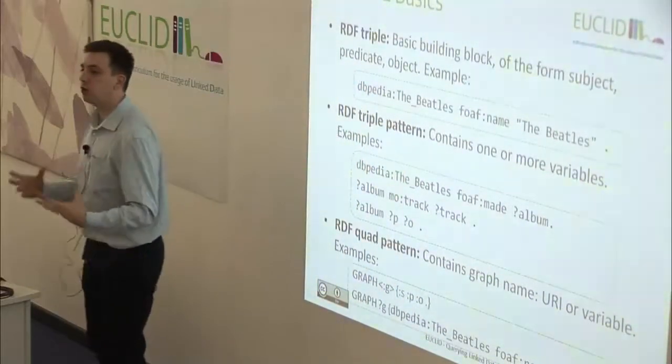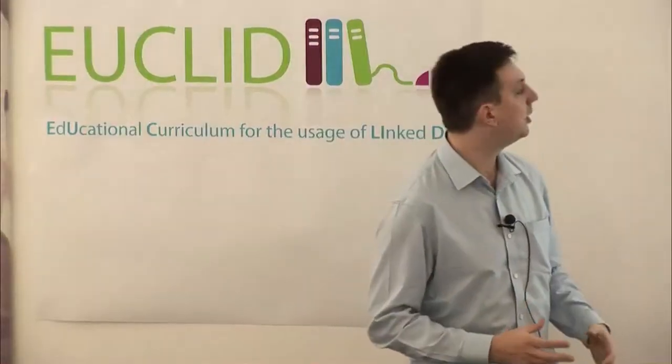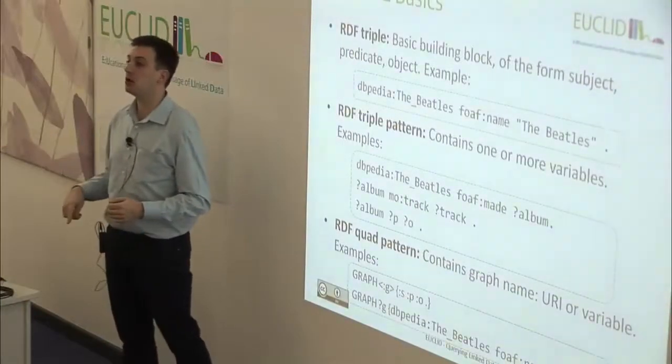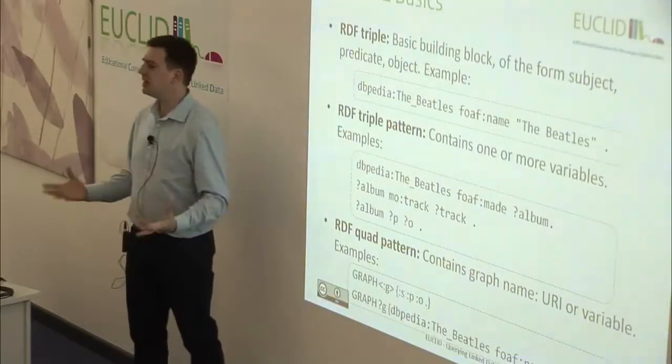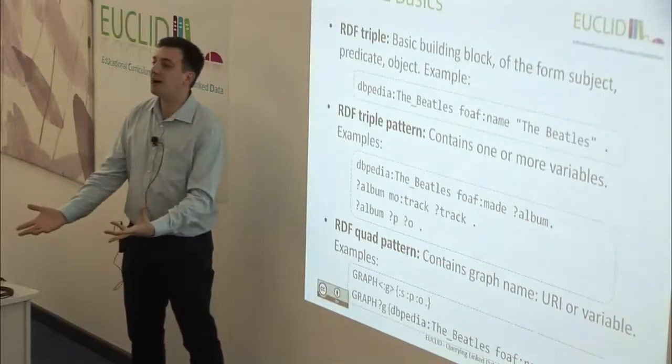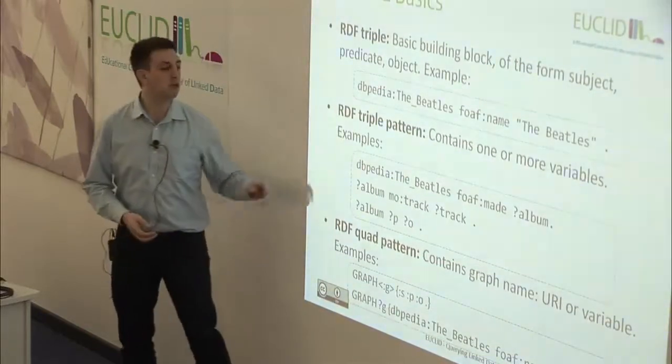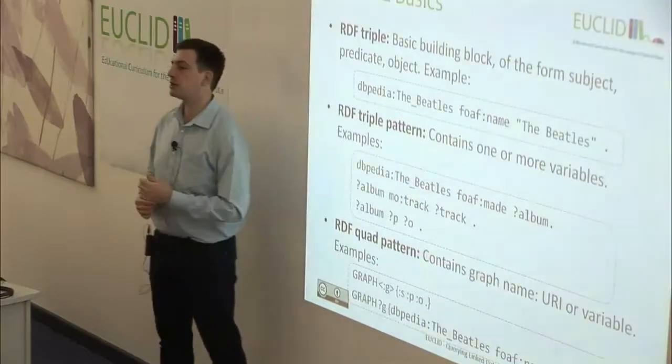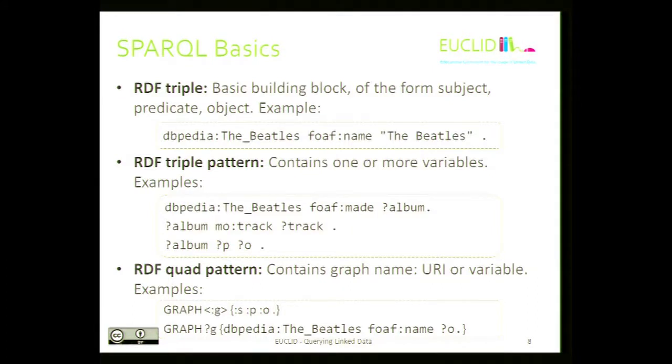When I use a question mark before a name, or equally I can use a dollar mark before the name, it says, I don't know, tell me. Tell me what triples you have that could match this pattern, where the Beatles made something. And the essence of query answering is finding bindings for this variable, so saying what resources can match this variable.